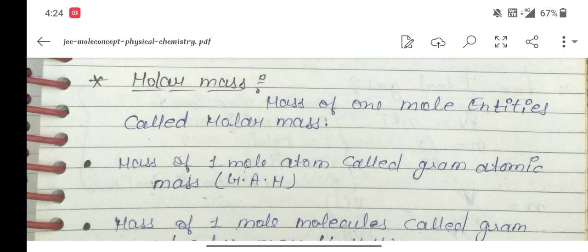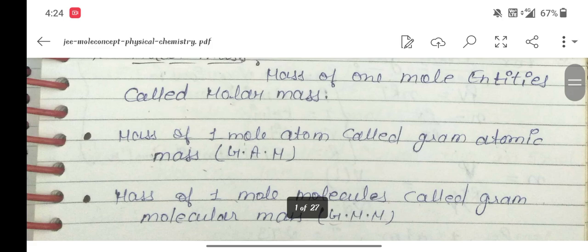The mass of one mole of atoms is called gram atomic mass, and the mass of one mole of molecules is called gram molecular mass. So atomic mass and molar mass are different, both are different.